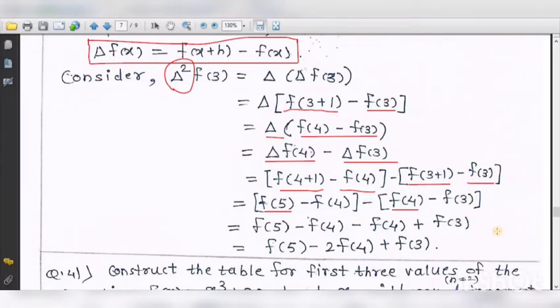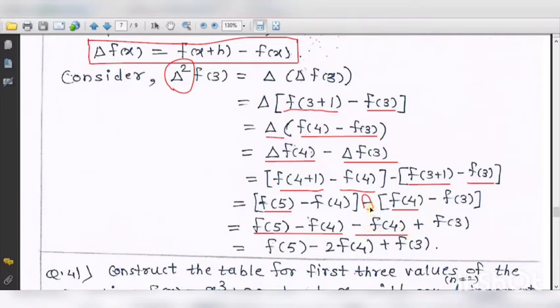Solving this, what we get? F of 5 minus f of 4 as it is. This first bracket term is as it is. Now we are multiplying this minus to the whole bracket. So the first term will be minus f of 4, minus into f of 4.